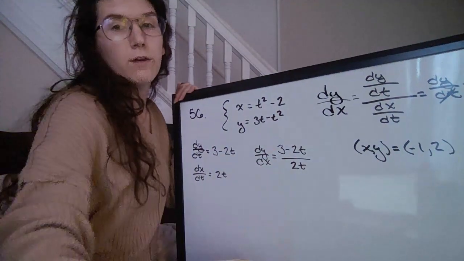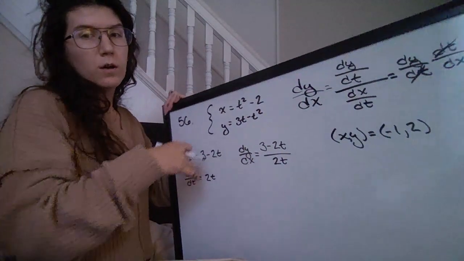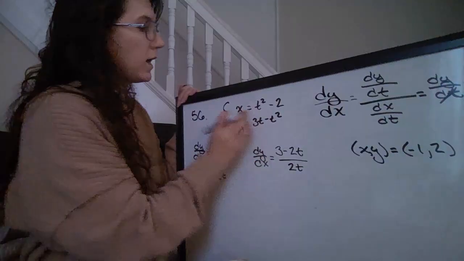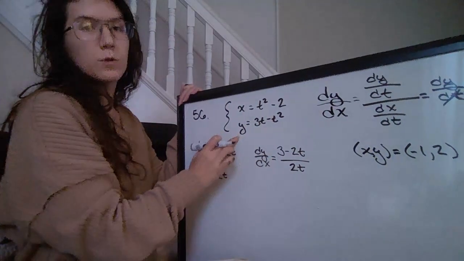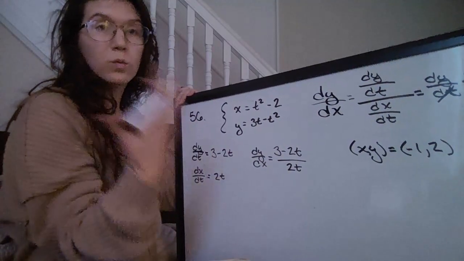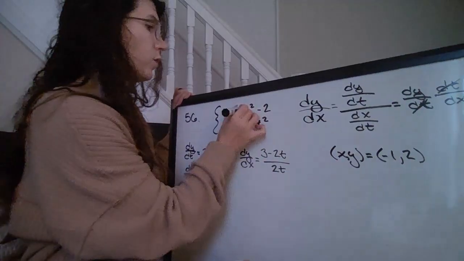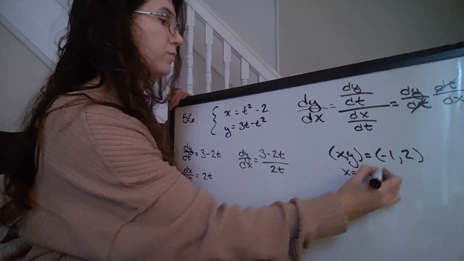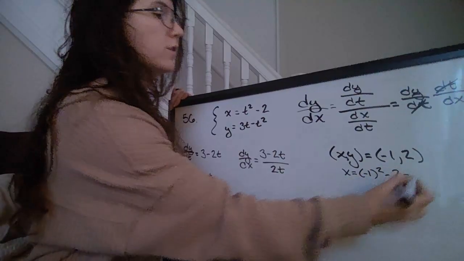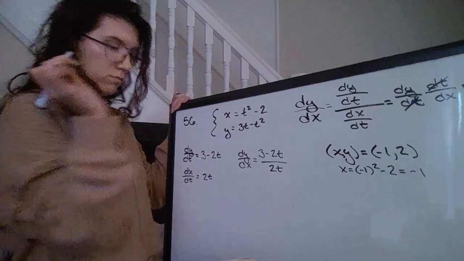I don't have any x's and y's in here, I just have t's. So I can plug my x into this equation and get a t, and plug my y into this equation and get a t, and hopefully one will match each other. So if I do -1 squared minus 2, so it's going to be 1 minus 2 or -1, right? I think so.